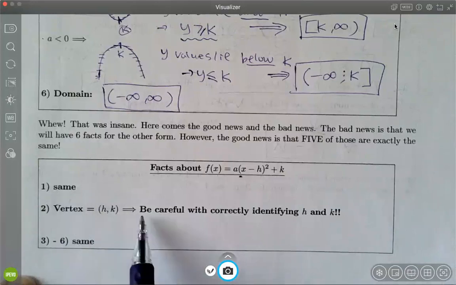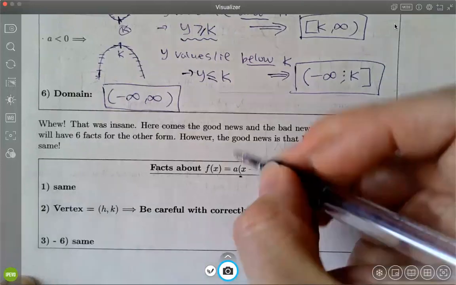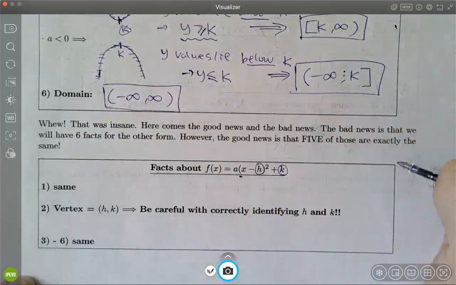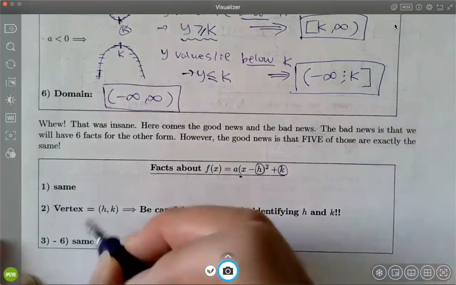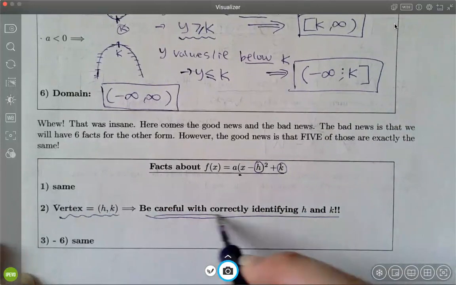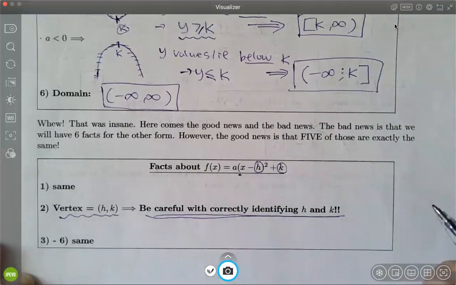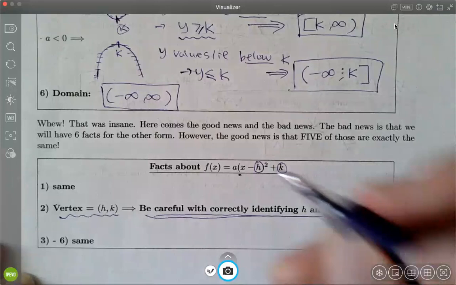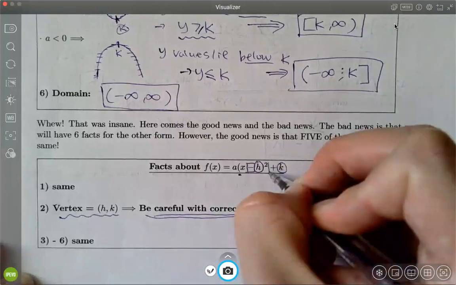Now, this time, do we see h and k? Here and here, right? Yes. So the vertex is h comma k, but be careful with correctly identifying h and k. So what does that mean? It's x minus h squared and then plus k in the back.